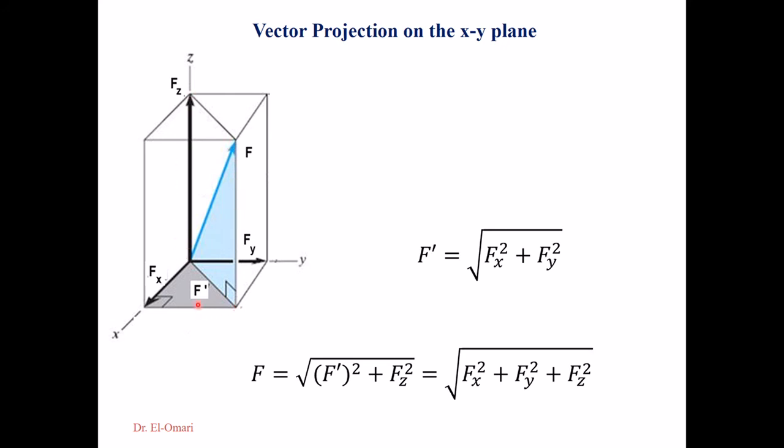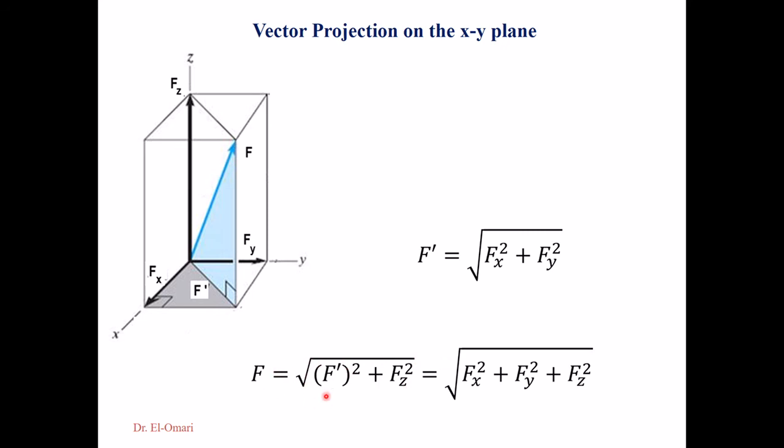So we can just start by using this small triangle and write that this F prime, using the Pythagorean theorem with the knowledge of Fx and Fy, and using this light blue triangle that is composed of the force, its projection on the xy plane, and the z, then we can write that this force is F prime squared plus Fz squared, all to the square root.